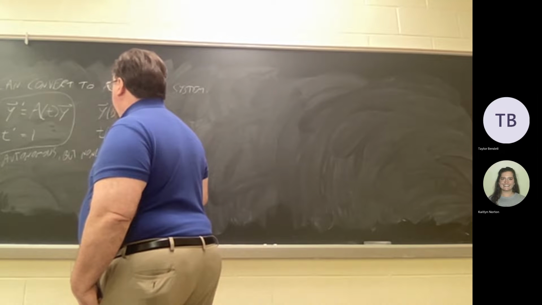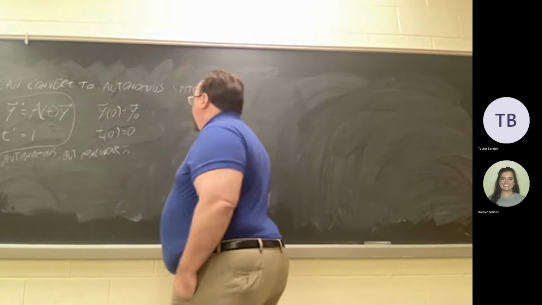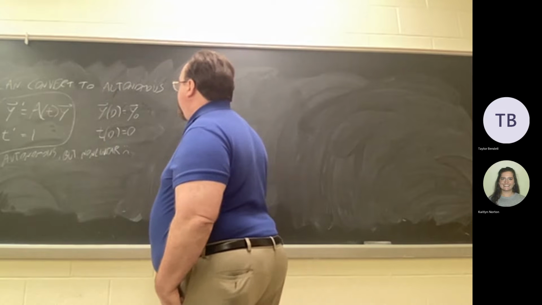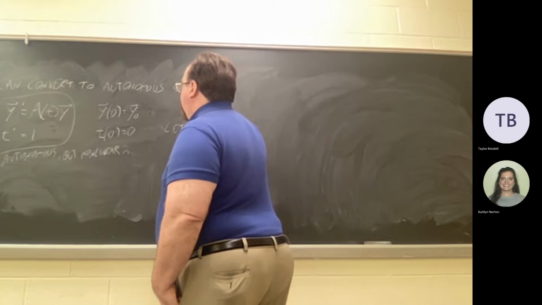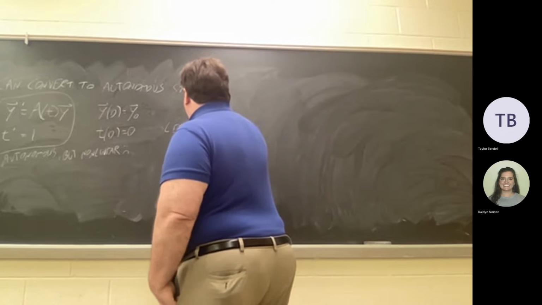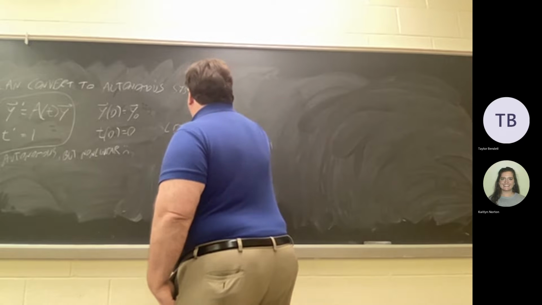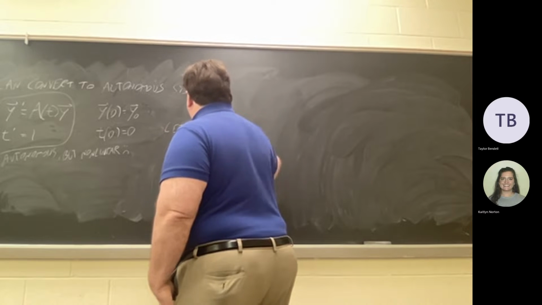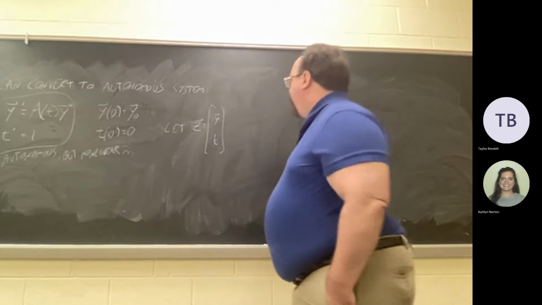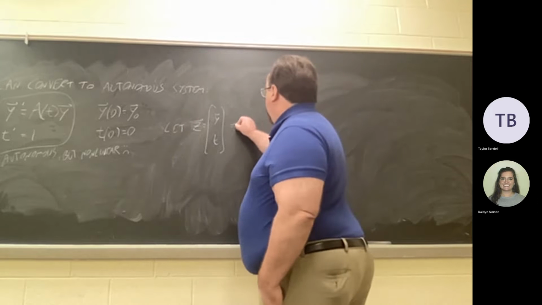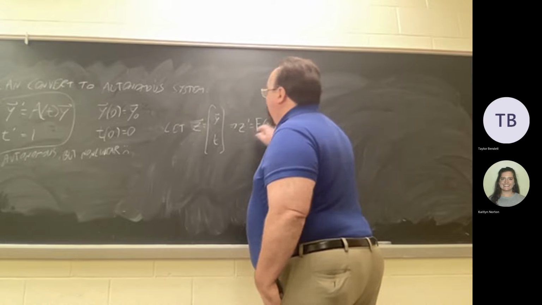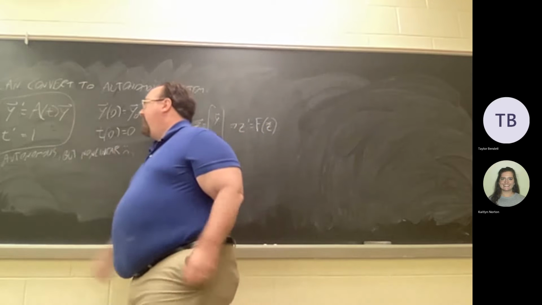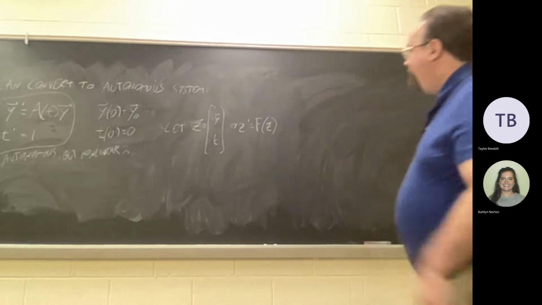Okay. So in general, I find a new dependent variable, I'll call it z, to contain all the dependent variables, so y and t. So now I have z prime equals a function of z, which just includes all of this.